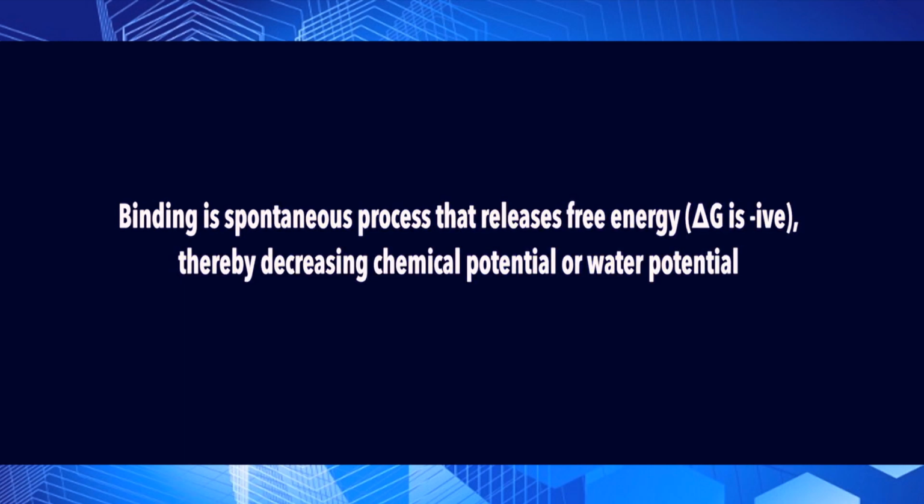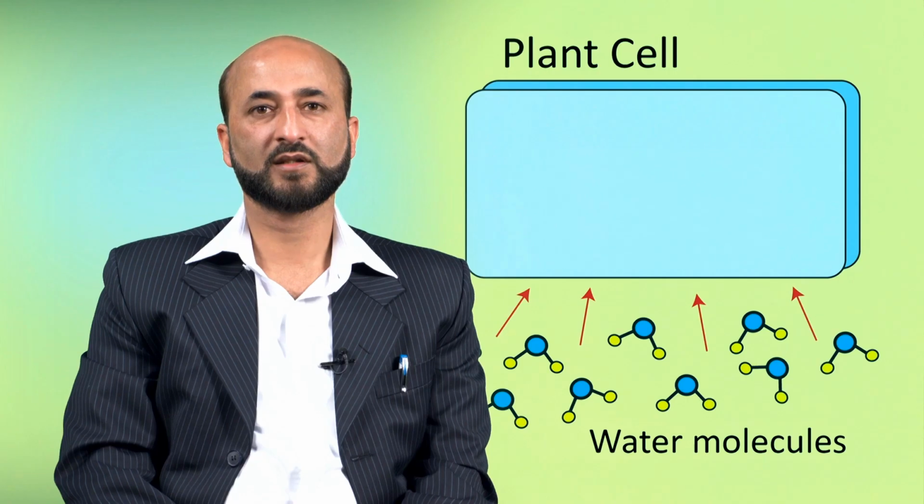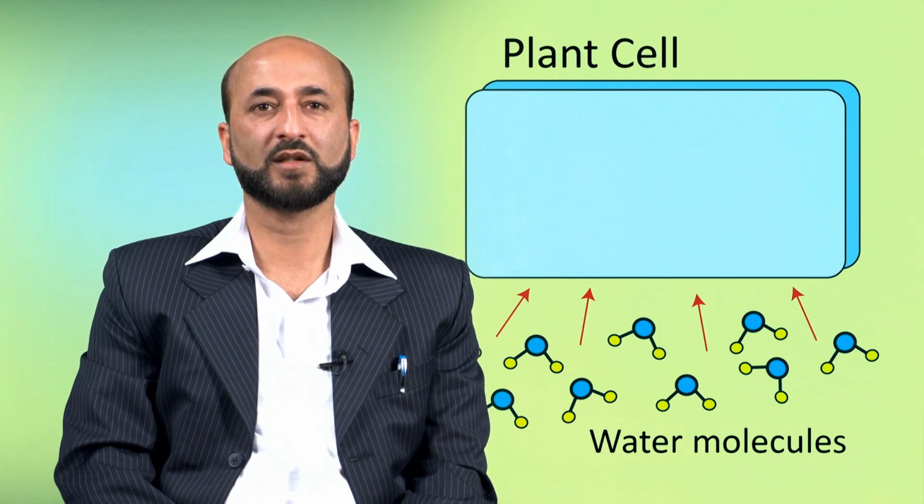Binding is a spontaneous process that releases free energy, that is, delta G is negative, thereby decreasing chemical potential or water potential. Thus, matrix also affects the water potential, and that component of water potential which is contributed by matrix is called matric potential.